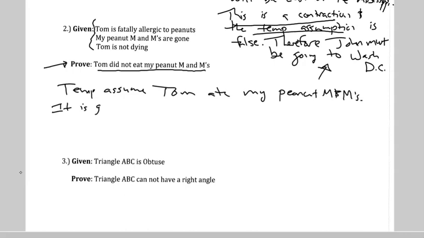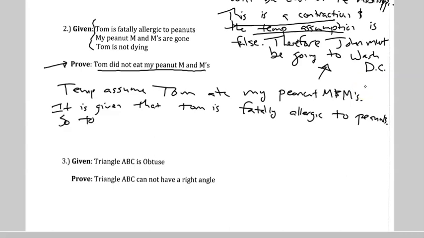It is given that Tom is fatally allergic to peanuts. So what should be true if we're going with this logic? Tom ate my peanut M&Ms and he's fatally allergic to peanuts. So Tom should be dying.